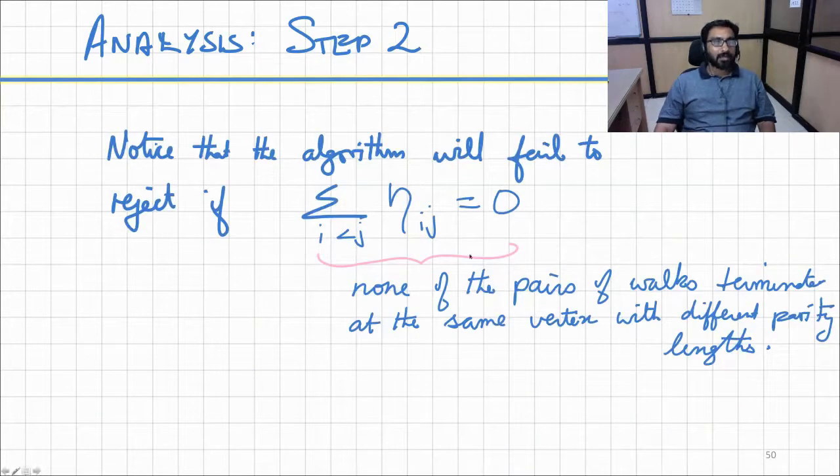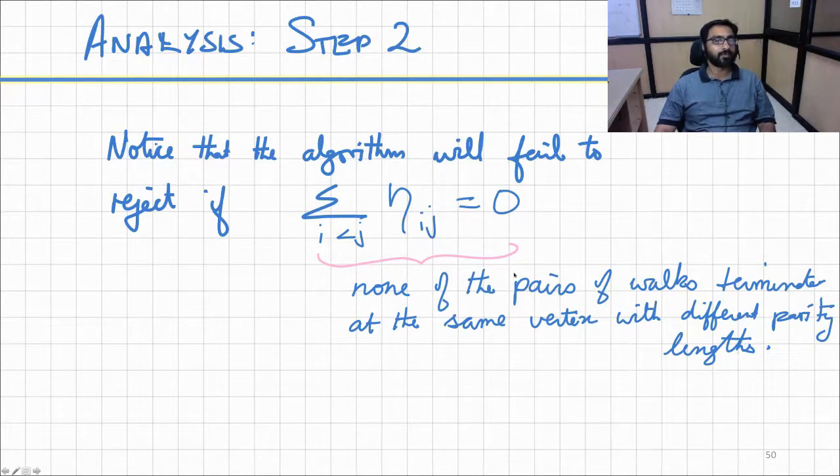And now notice that at the end we count all the possible eta ij's. Now if the summation over all eta ij's where i is strictly less than j is equal to 0, what that means is none of the pairs of walks terminated at the same vertex with different parity lengths.